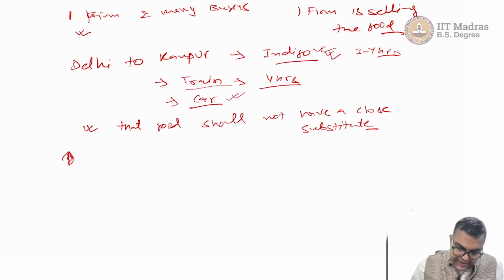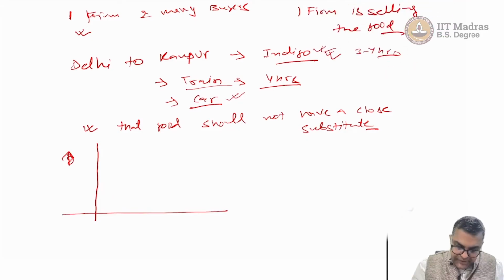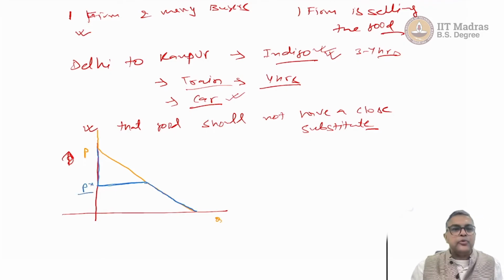So please understand what's happening with the monopolist. The monopolist, theoretically speaking at least, is the only firm in the market, and it is facing a downward sloping curve. Okay, P and Q. Remember, when we talked about the perfectly competitive market environment, we said that a particular firm would see demand like a perfectly elastic part, then following the market demand, and at prices above P star, no demand at all.